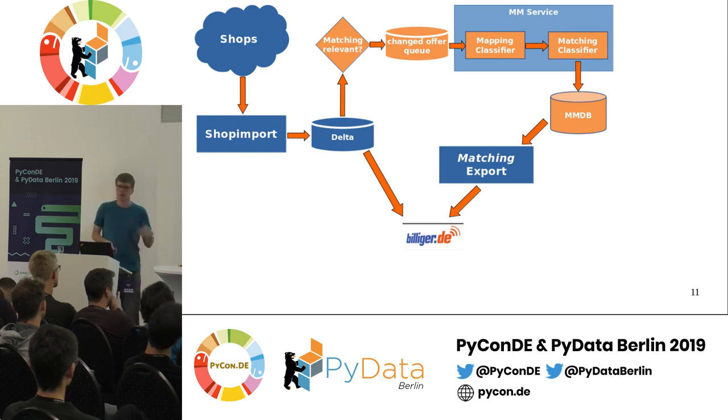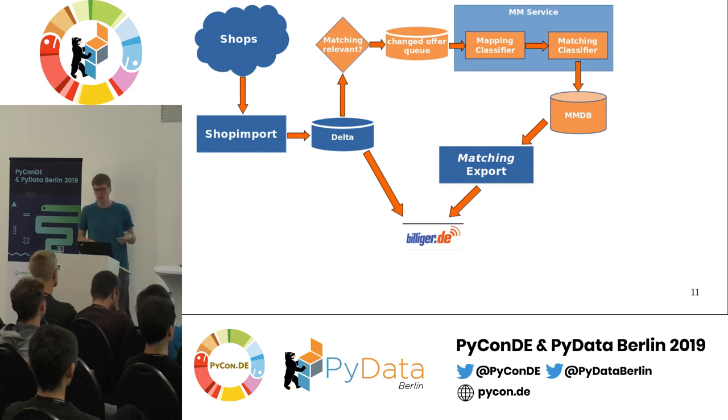So from the deltas, we knew which offers have changed, which should we look at? And those that changed, we first checked: is the change relevant? Because an offer usually consists of some base information like the name, the category assigned by the shop, every offer has a price, and there's something like delivery time, and some of those fields aren't relevant for the category or the product.